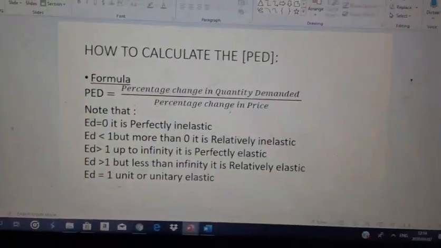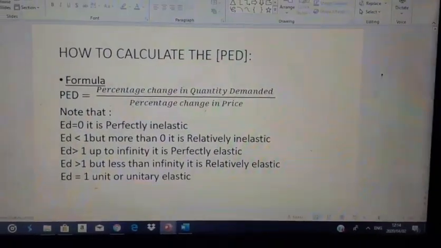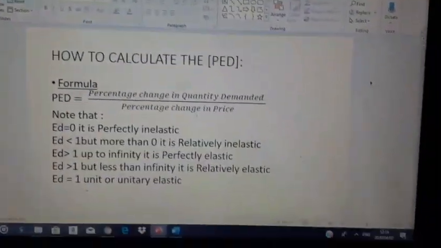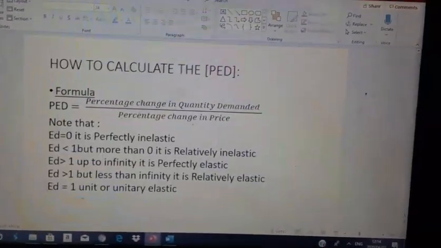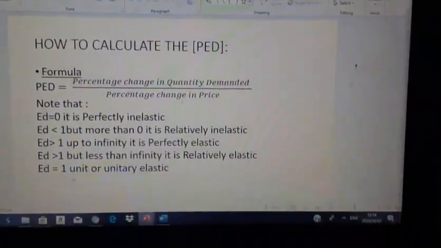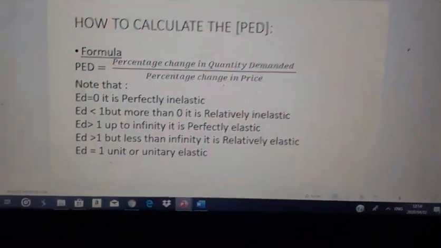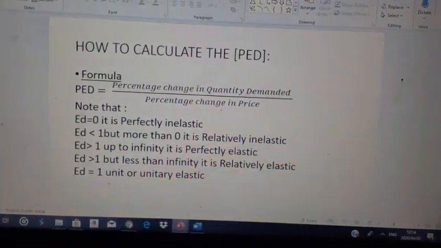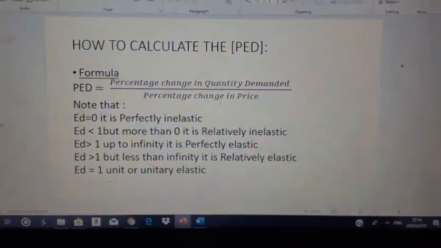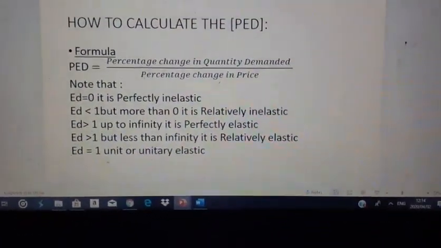You calculate and you get the elasticity of demand greater than 1 up to infinity, then you know that it is perfectly elastic, more than 1, and it's going up there. And then if you calculate and you get the elasticity of demand that is greater than 1 but less than infinity, it is relatively elastic.